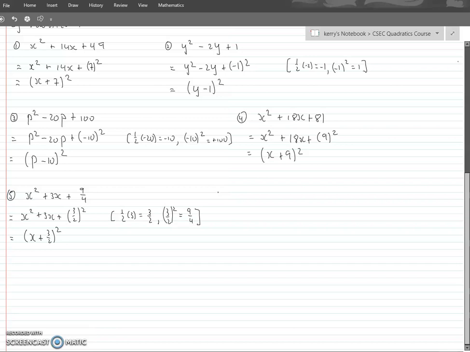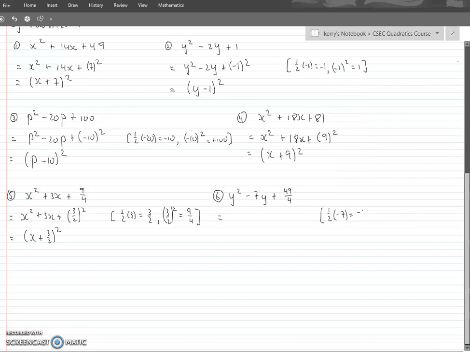That's number 5. Number 6. Let's go again. Let's go with y squared minus 7y plus 49 over 4. Let's take our time. What is a half of minus 7?